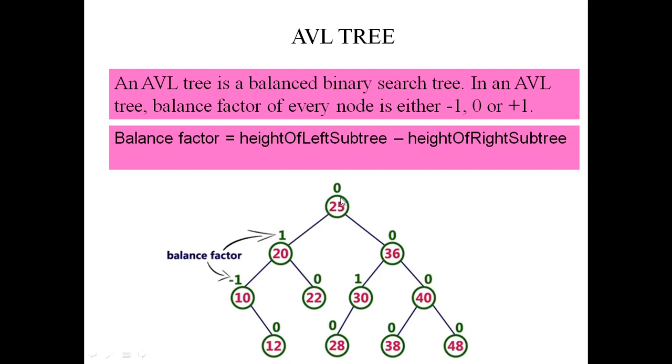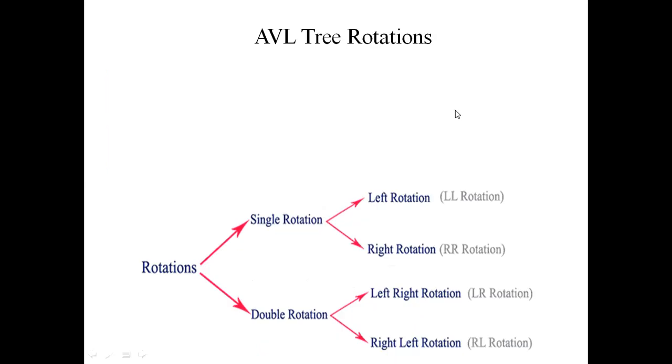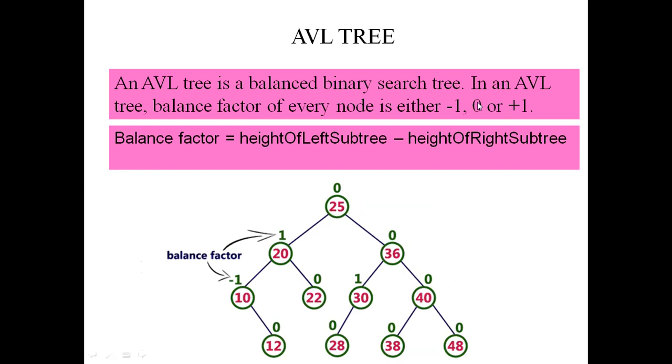Let's try to calculate this one. If the balance factor value is -1, 0 or 1, it will be acceptable, it will be balanced. Now let's understand the balance factor of this one. That is the longest route towards the leaf from the root node.